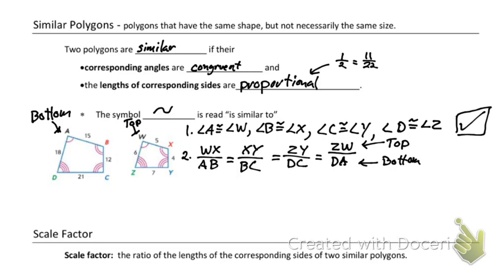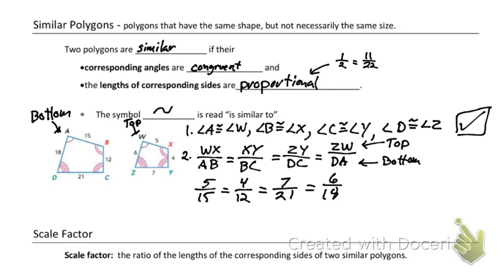So now we have numbers to put to those letters. So let's go ahead and do that. Well, WX is 5 over AB, which is 15. That has to be the same as XY. Well, XY is 4 over BC, which is 12, which has to equal my YZ, which is 7 over 21, which has to equal 6 over 18. Right now, they might not look like they're equal.